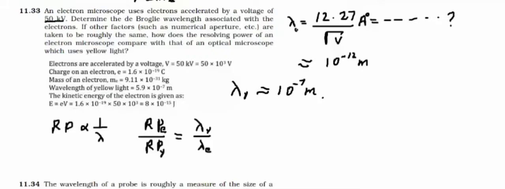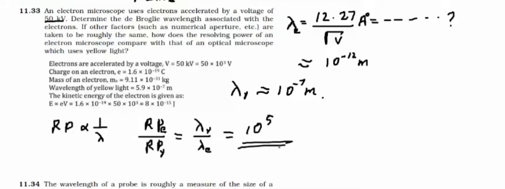You can see the difference there, around 10 power 5. So what is your conclusion? The resolving power of the electron microscope is around 10 power 5 times the resolving power of the optical microscope, which uses yellow light.